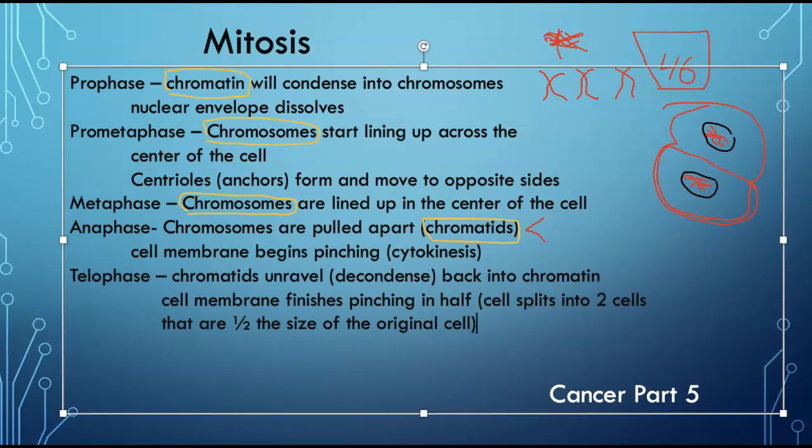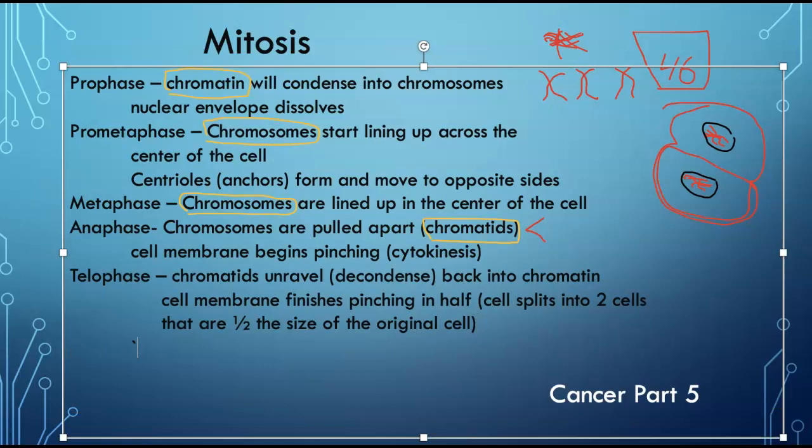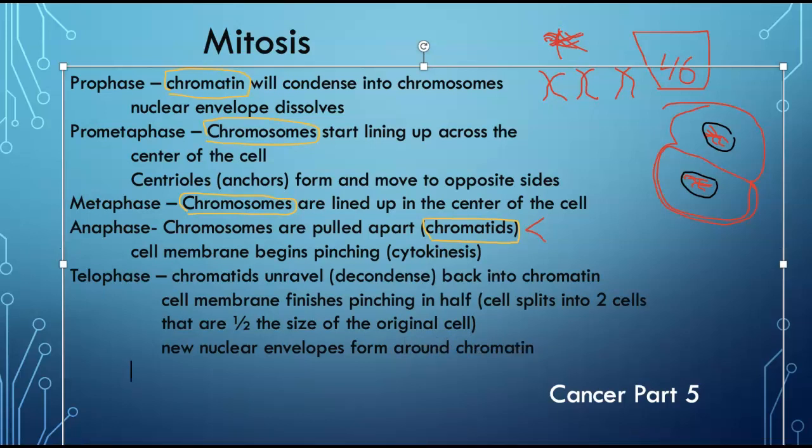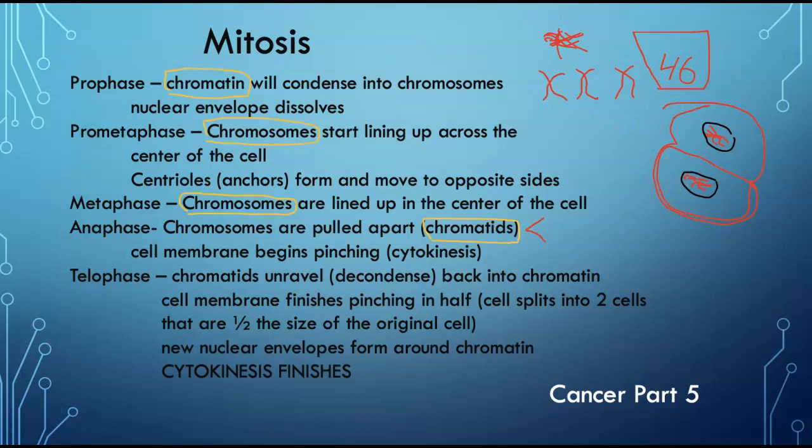So new nuclear envelopes form around chromatin, and cytokinesis finishes. Done. We have two cells, half the size of the original, side by side.